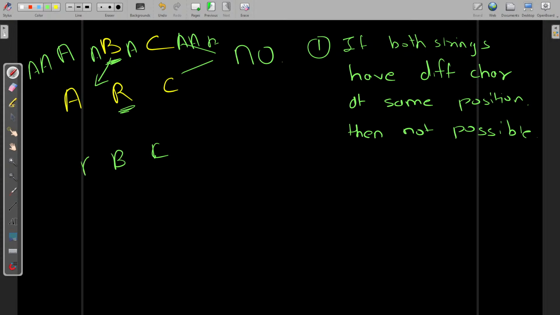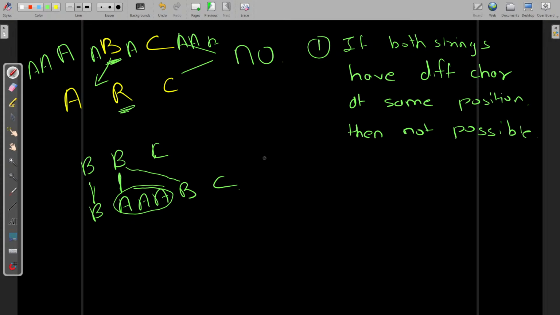Like B, B, C, and we have B, A, again B, and again C. So in this case, B corresponds to B over here, but here B corresponds to A, right? Surely there is a B at the end, which will correspond to the current B, but how to handle this number of A's? That is the main part of this problem. That is the crux of this problem. So if we are able to figure this part, then we can surely find a solution to this problem.